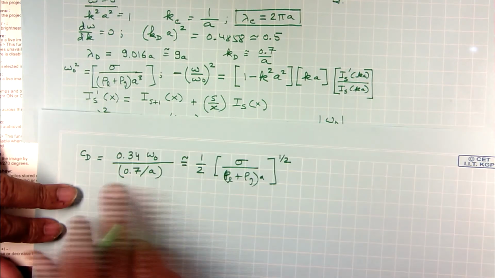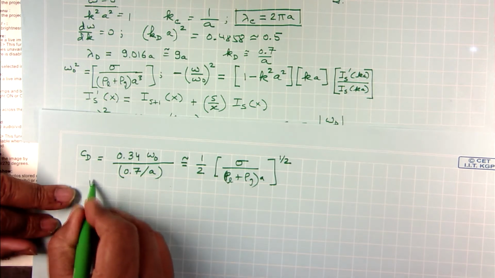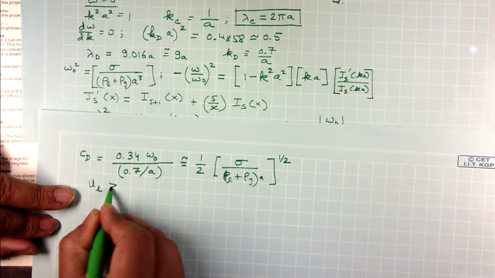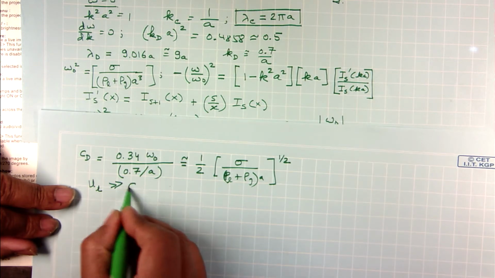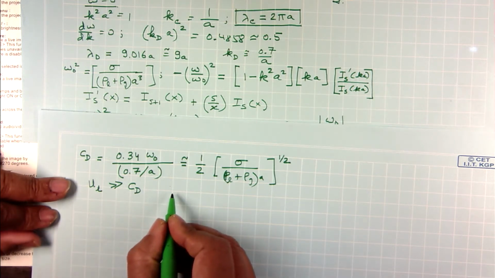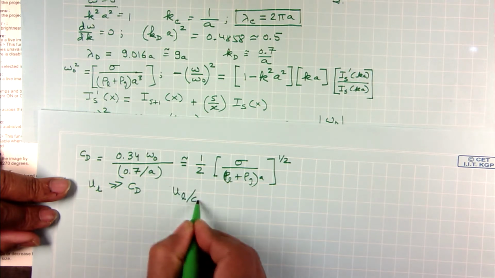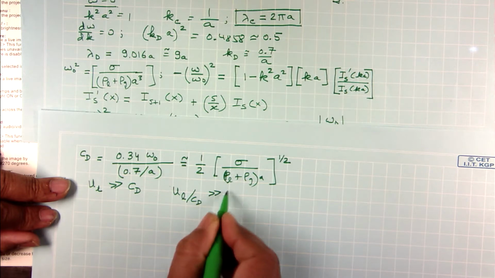Now, in order for this relationship to be valid, the velocity of your jet has to be much bigger than the group velocity of this disturbance. Or in other words, your UL divided by CD has to be much greater than 1.